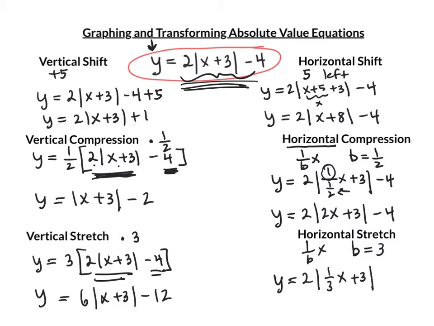Close your absolute value, and then a minus 4. Keep in mind, we always went back to the original equation each time. If it's horizontal, we replace x with 1 over b times x, or if it's a shift, x plus or x minus. And with vertical, I've always got to keep in mind, if it's a compression or a stretch, the whole function is going to be changed because y is equal to the whole function.